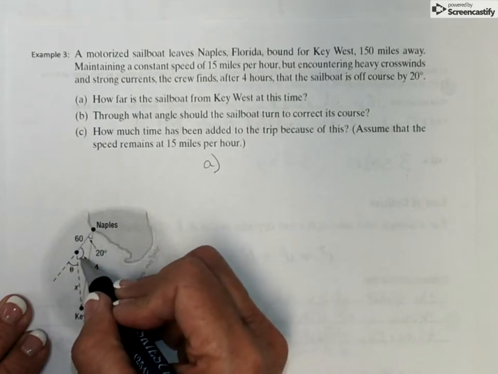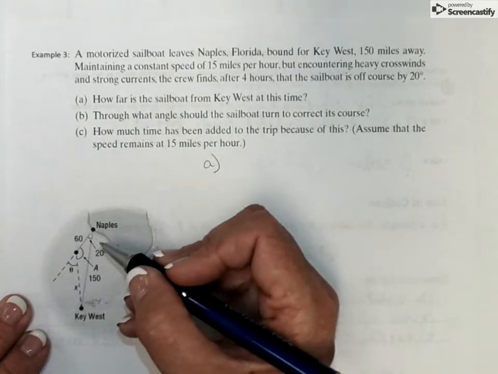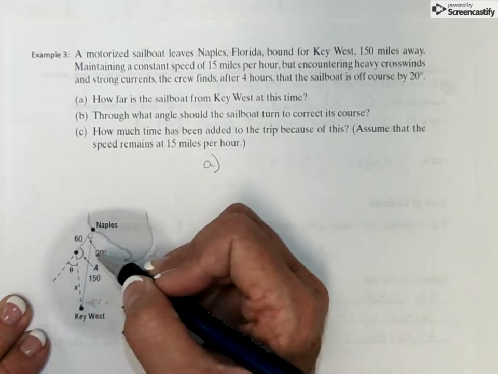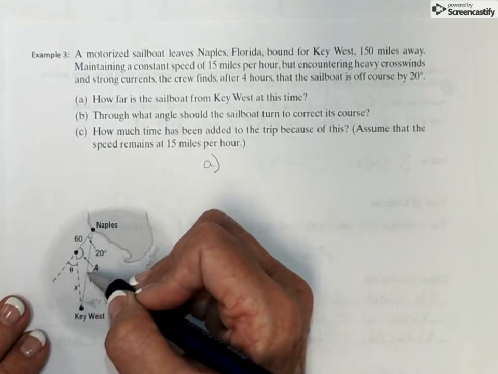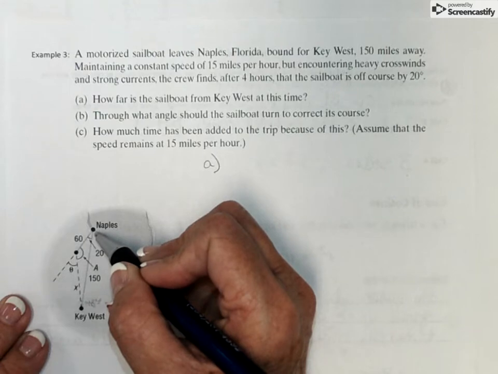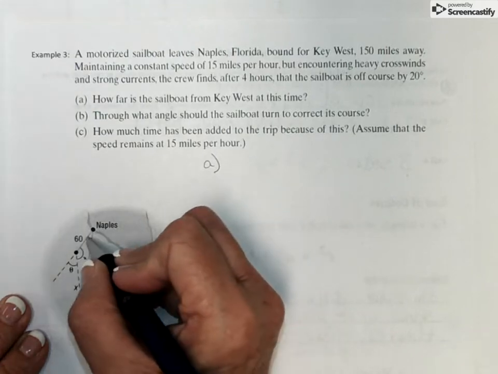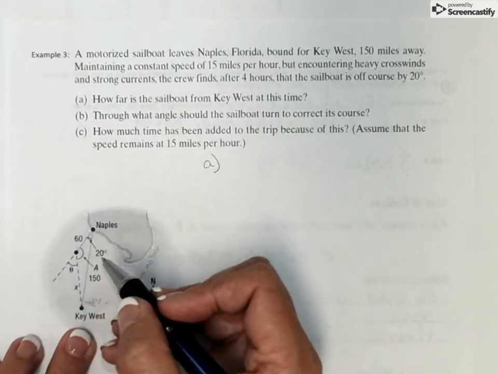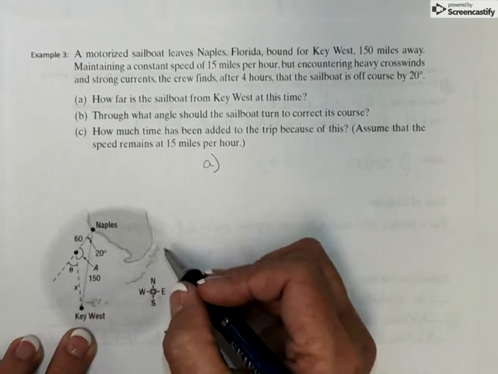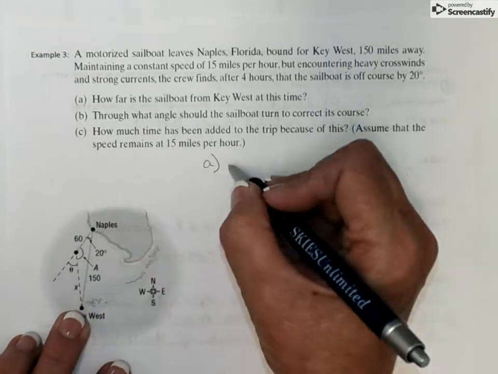I know this angle is 20 degrees. We know this distance is 150, and we know this other side is 60. Okay, so I've got side, angle, side. So I can use my law of cosines. I'm trying to find this side, so I'm just going to call it x squared.